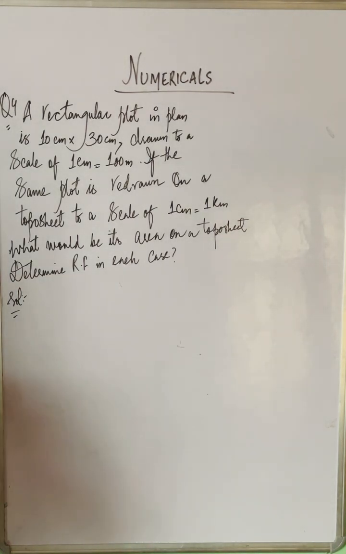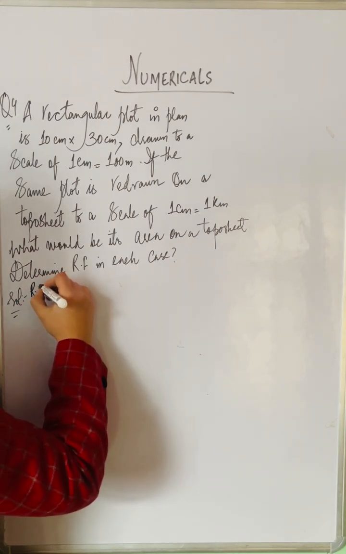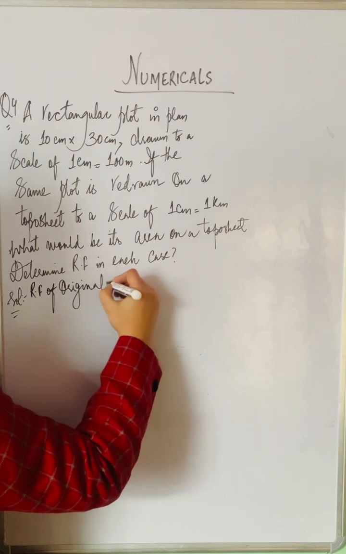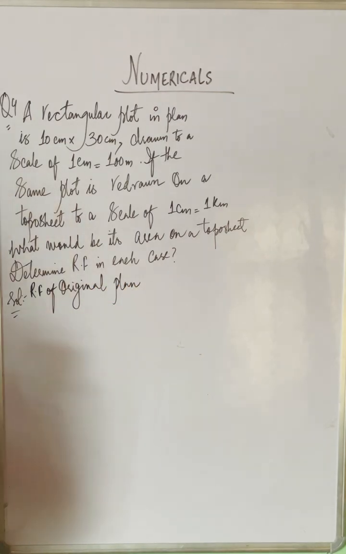So we'll first see the representative fraction of original plan. What is the representative fraction of the original plan?